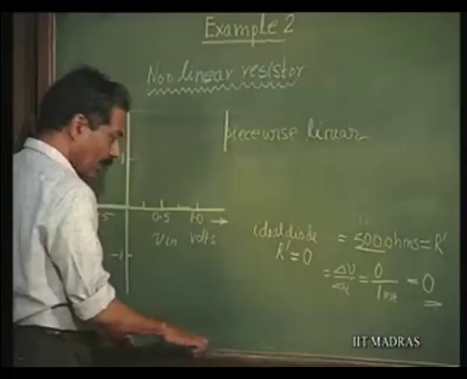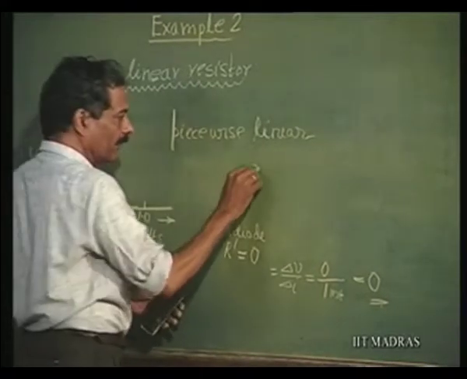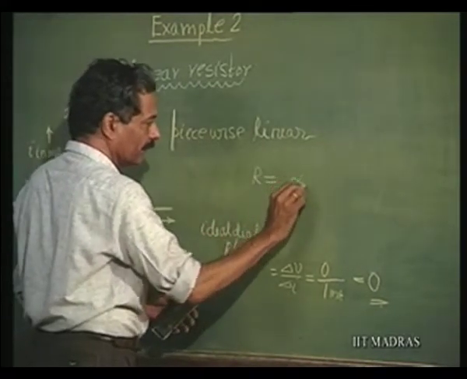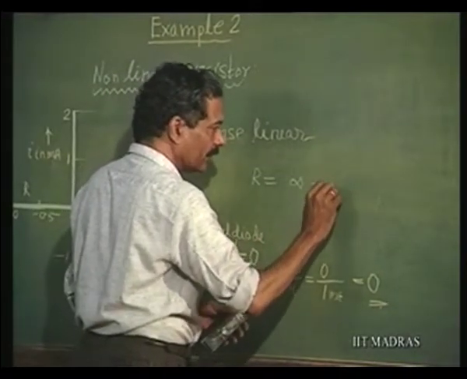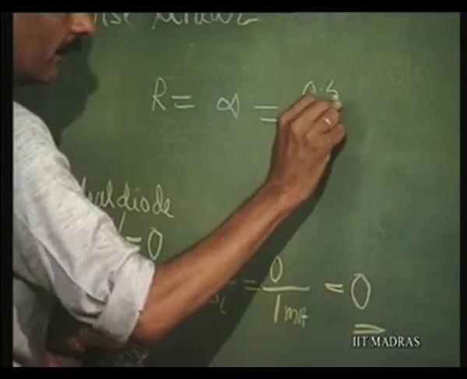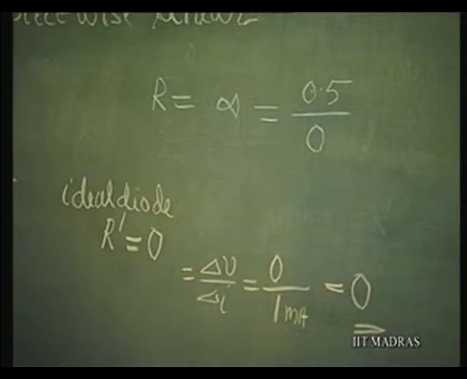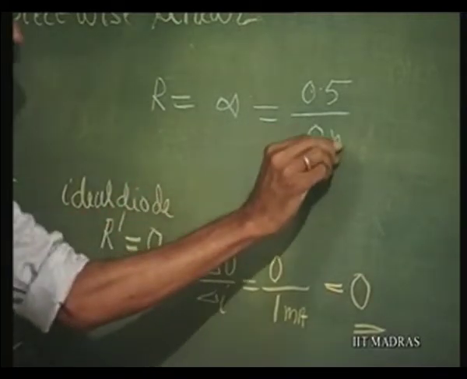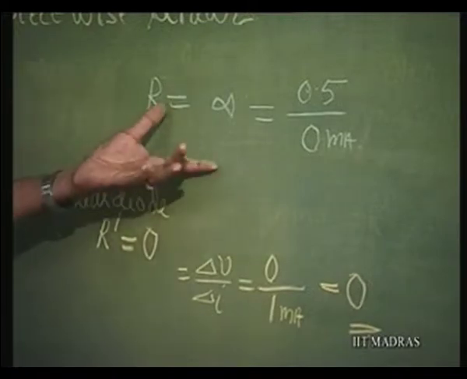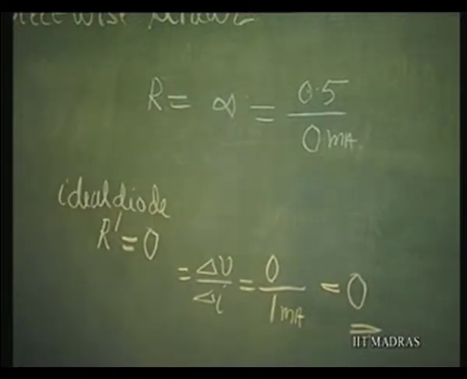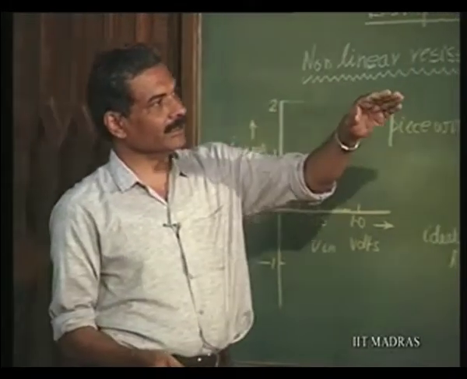Ideal diode has its R dash equal to 0 and R equal to infinity. That is, whatever be the change in voltage, that may be let us say 0.5, change in current is 0. That is why its resistance is infinity. Now, you have seen in our example what a linear resistor is.